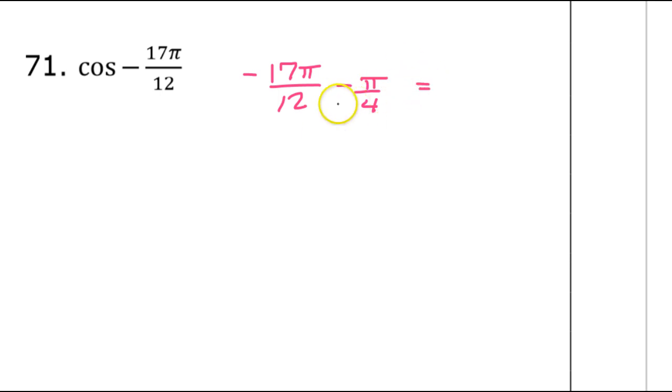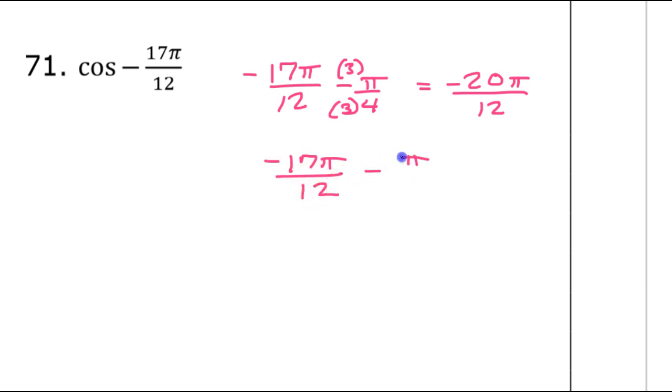Now, I would need like denominators, so I would have to multiply by 3 in the numerator and the denominator. So this is really 17 pi minus 3 pi, so that's really going to be negative 20 pi over 12. So I'm going to reduce all of this back down. So then I will have negative 17 pi over 12 minus pi over 4 is equal to, let's see, both of these are divisible by 4. So this will be negative 5 pi over 3.